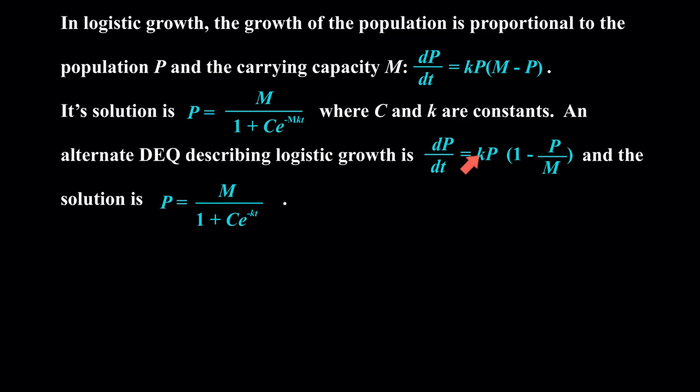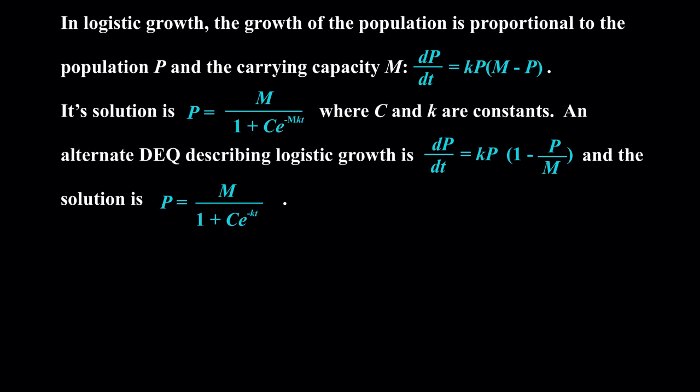Now this k value is a constant. This k is not the same numerical value as this k. This k is actually achieved by multiplying M times this k value. So just keep in mind this k value is not the same k value as this one is right here.